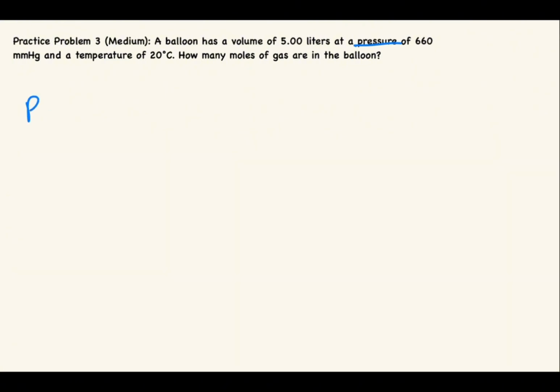Standard pressure is typically 1 atm. And 1 atm will convert into 760 millimeters of mercury. So in order to convert that value, we need to do 660 millimeters of mercury.